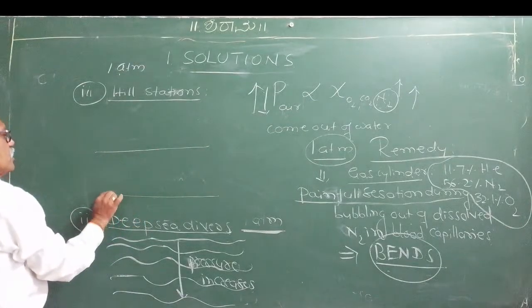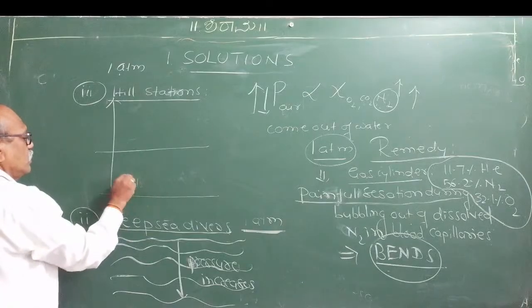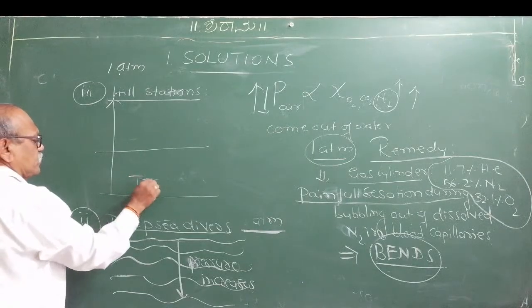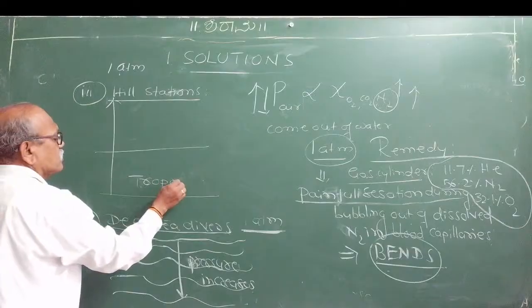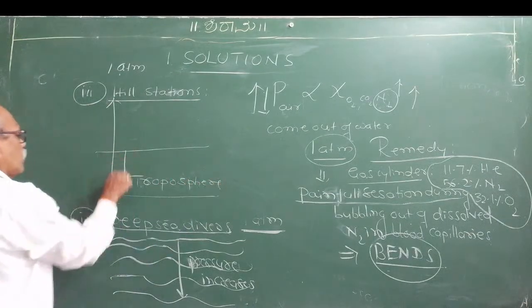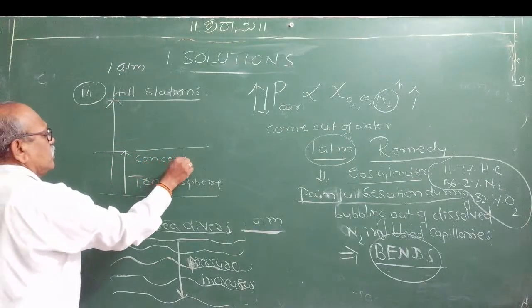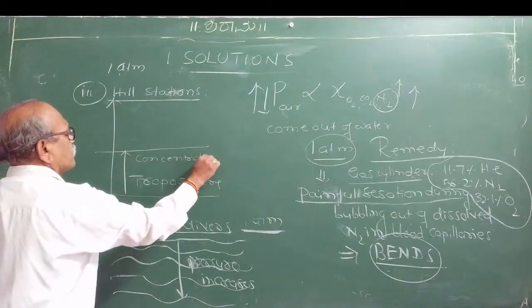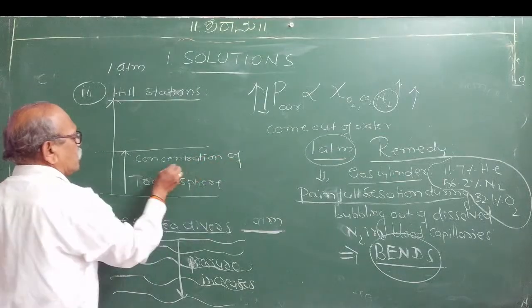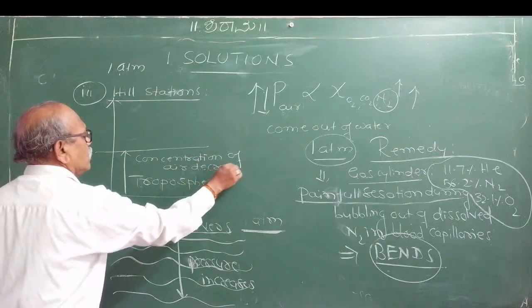The atmosphere in which we are living is the troposphere, the first sphere where weather phenomena take place. As you move upwards, the concentration of air decreases.